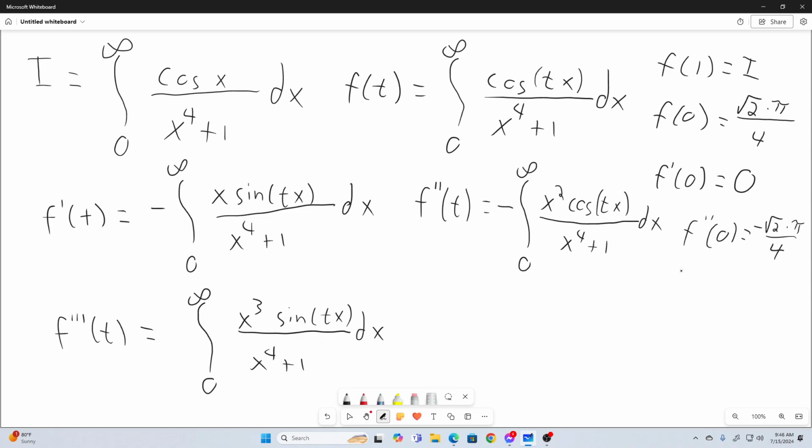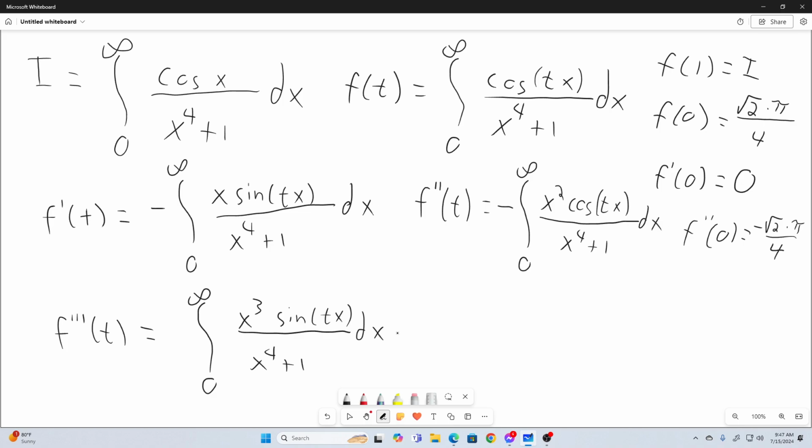And it might be tempting right now to assign the value 0 to f triple prime at 0. It's actually not the answer. As t approaches 0, this integral will approach pi over 2.